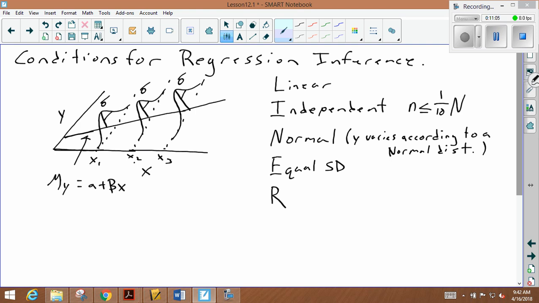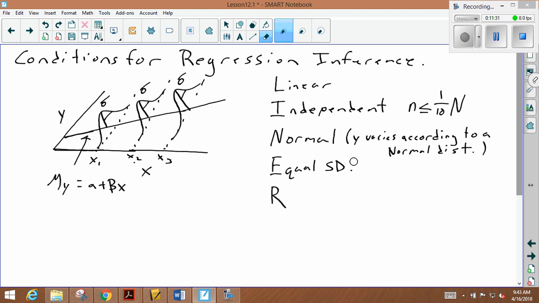We're gonna say, and I'm probably gonna need a little more room. Standard deviation is the same for each. I'm trying to abbreviate this. Sorry, I can't abbreviate.